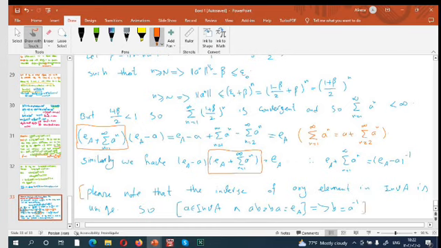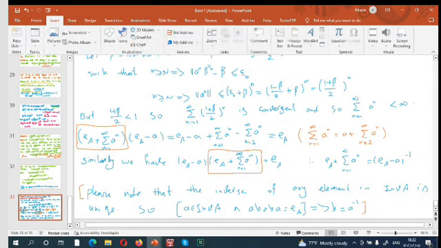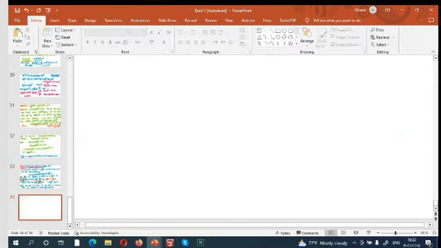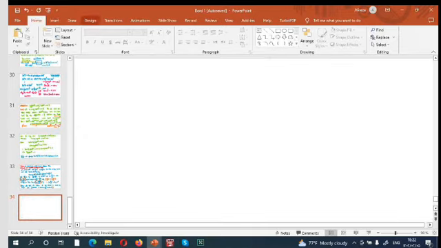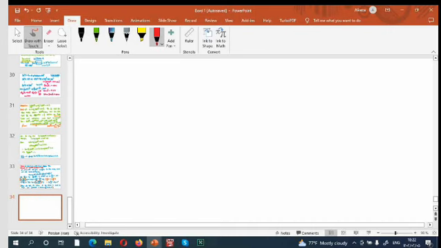Okay, and another statement. The set of all elements in A such that this norm is less than or equal 1 is a subset of the set of all invertible elements in A, or any element of A with this property is invertible.